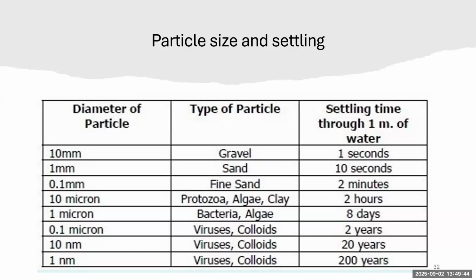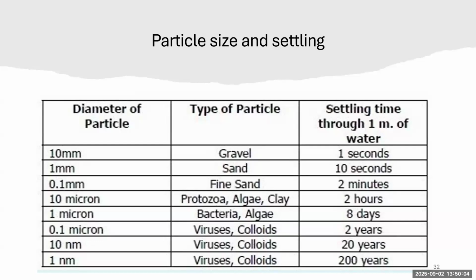They will all settle without treatment in a reasonable amount of time. Something like fine sand would take only 2 minutes to settle, whereas a clay particle of 10 microns would settle in about 2 hours, which is a reasonable amount of time for these particles to settle out.